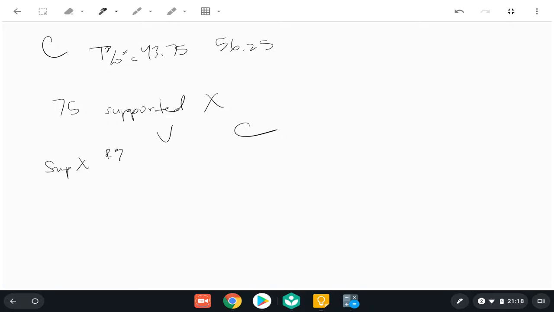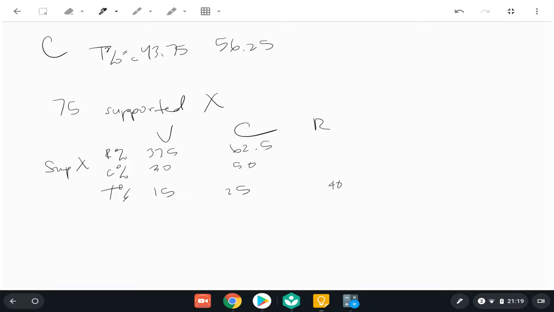R percent, C percent, T percent. 37.5, 30, 15. These are all very clean numbers. 62.5, 50, 25. And the row total becomes 40.